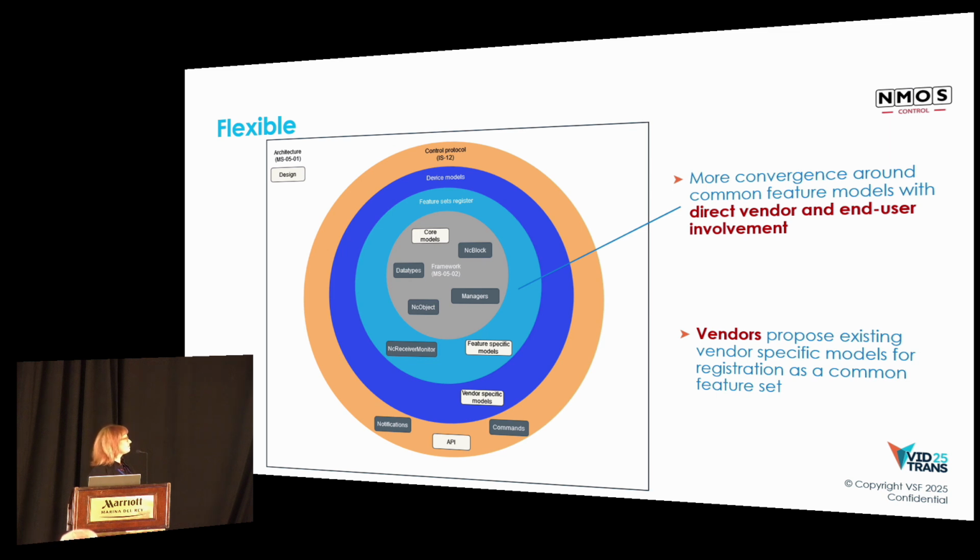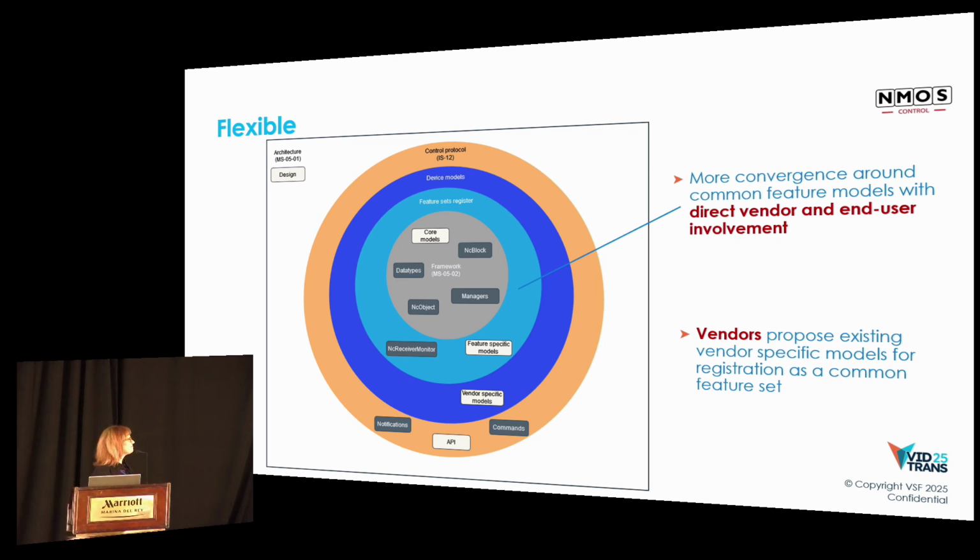Moving towards the outer layers, we then have specific feature sets. These are opt-in specific models which only devices which offer these capabilities implement. The next layer out is represented by all vendor-specific models a vendor may create and include in their device. And the final layer is the protocol wrapping, which offers the means to expose models contained within.